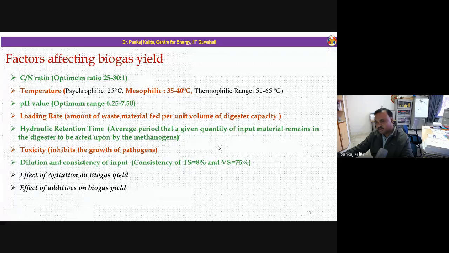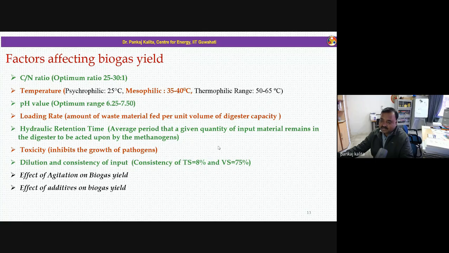Loading rate is also important, which defines the amount of waste material fed per unit volume of digester capacity. Then hydraulic retention time, as I defined at the very beginning in the slides, is nothing but the average period that a given quantity of input material remains in the digester to be acted upon by the methanogens.